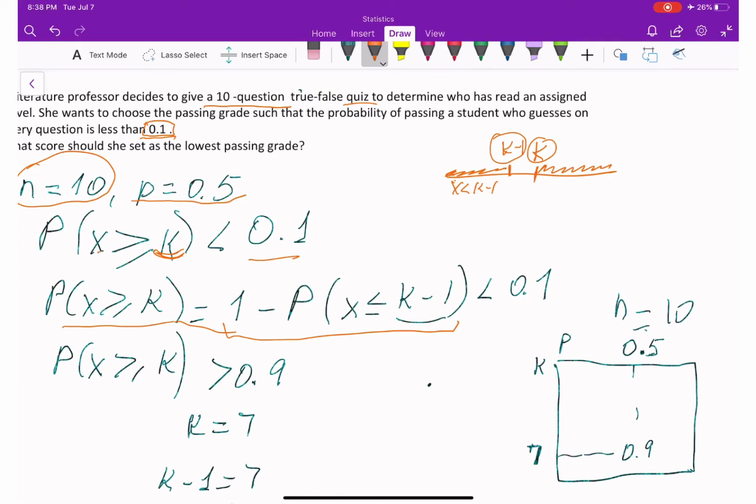So 1 minus the probability of X less than or equal to K minus 1 is less than 0.1. So from here, what do we get? If this probability of X less than or equal to K minus 1 is going to be 0.1, then the probability of X, let me write down this one.